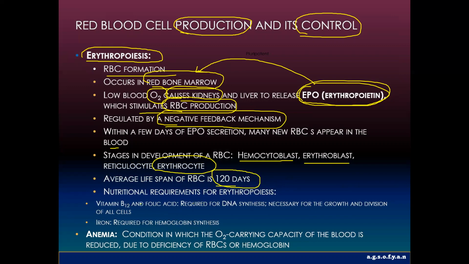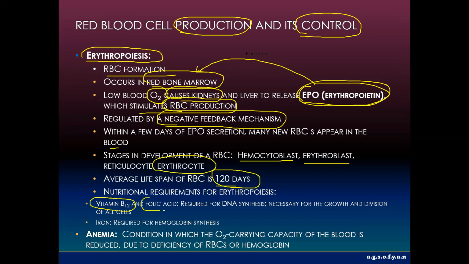There are some nutrients required for red blood cell production. First one is vitamin B12. This is really important, a vitamin we need for red blood cell production.